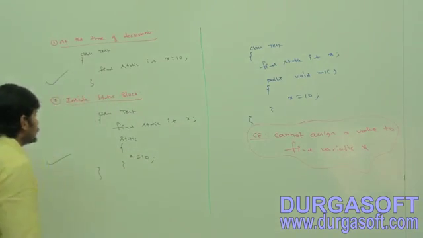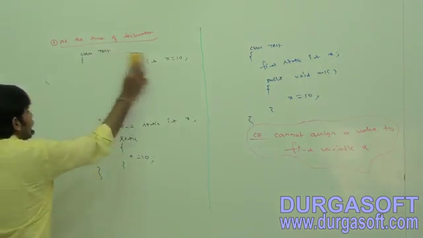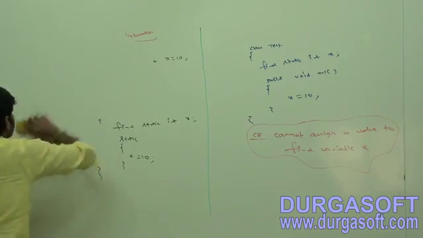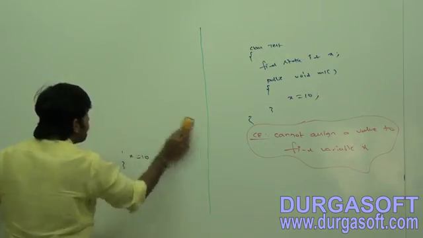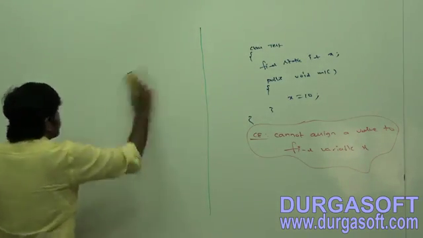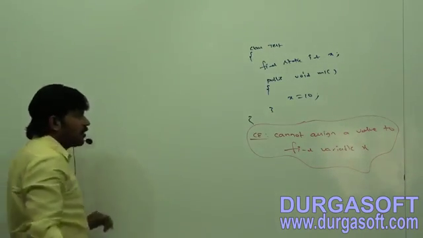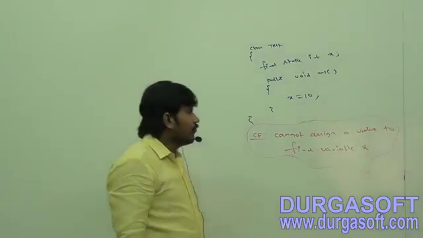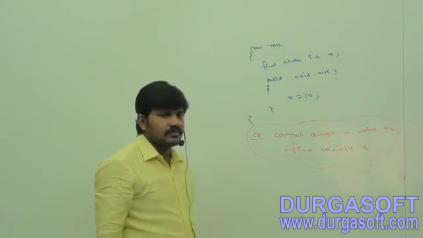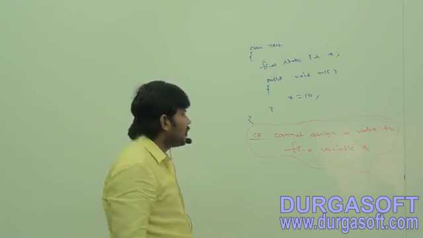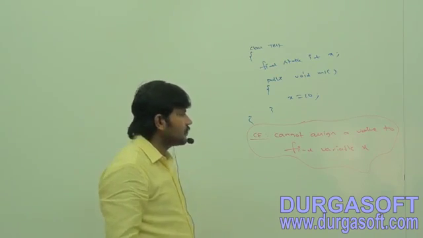Okay, take this example. Class Test, final static int x. Next, public void m1, within that x = 10.